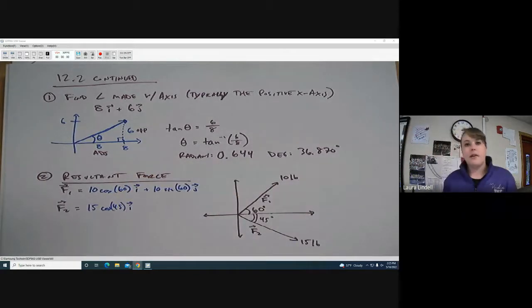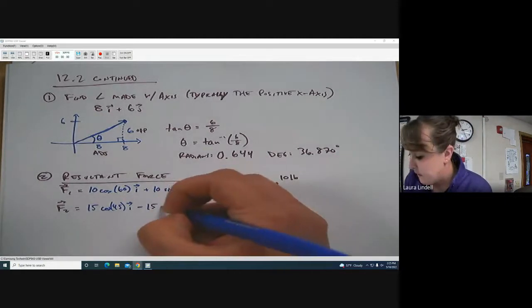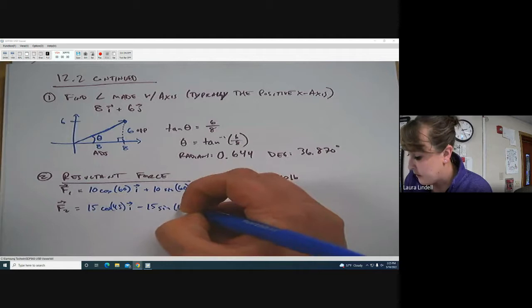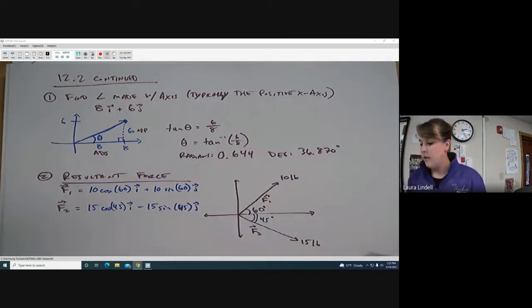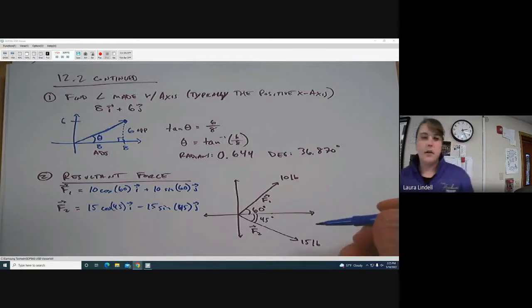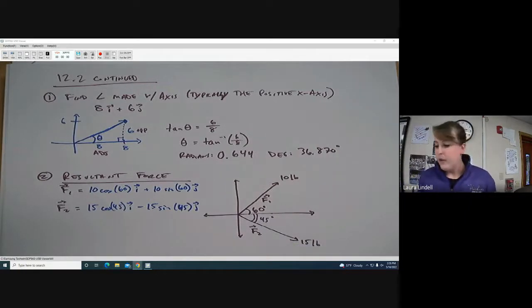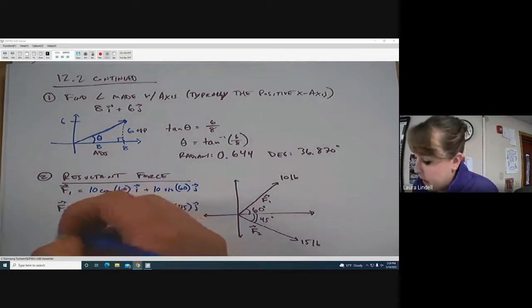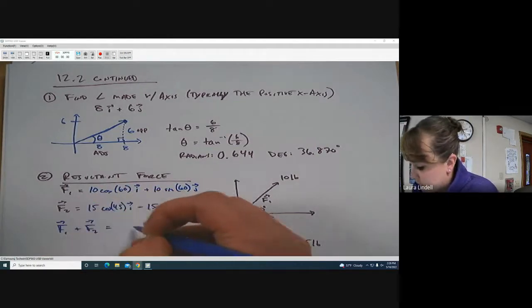And since our vertical component is going down, it's going to be minus 15 sine of, not 60, 45 j, since our vertical force on this one is going in the negative direction. Okay, so the resultant force is going to be the combination of these two vectors. So F1 plus F2 is the resultant force.